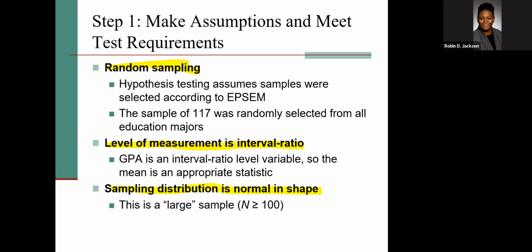But the next assumption for this type of testing is that you have to be able to show or demonstrate that you're using interval ratio data, that the information being examined is at the interval ratio level. Your variable is interval ratio. This is one of those levels of measurement that was discussed in chapter 1, if I remember correctly.